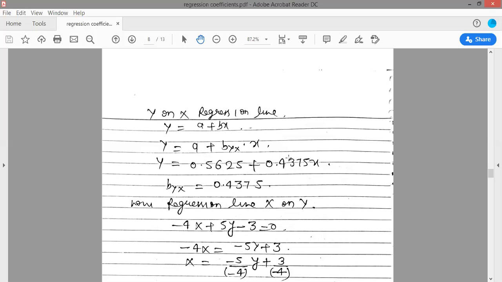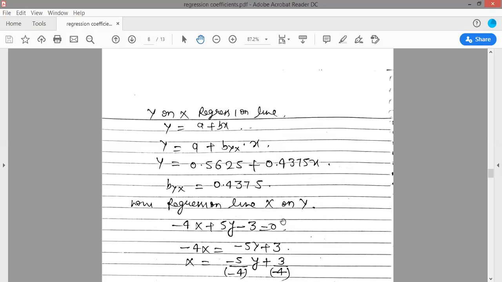In the linear regression lines, y is equal to a plus bx and x is equal to a plus by, both are regression lines, and in these lines the coefficient b is called the regression coefficient, right? So y on x, that means your regression coefficient byx is equal to this one. When you compare with this one, you will get the regression coefficient.